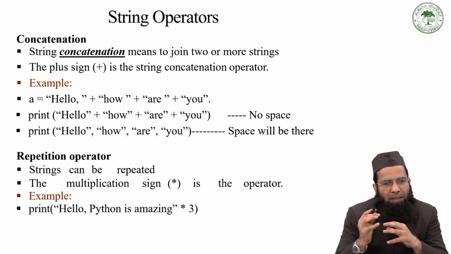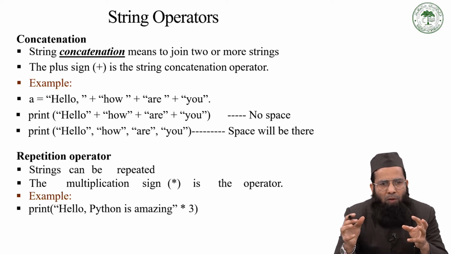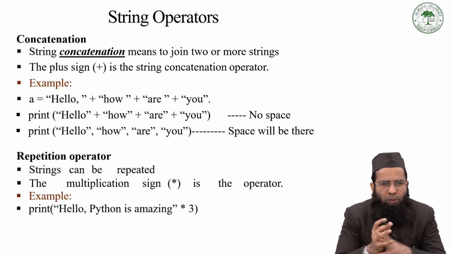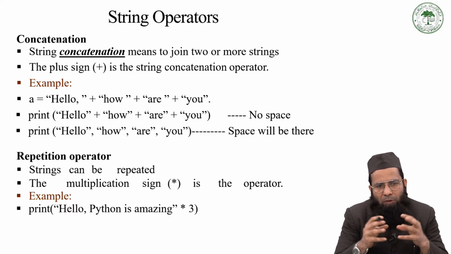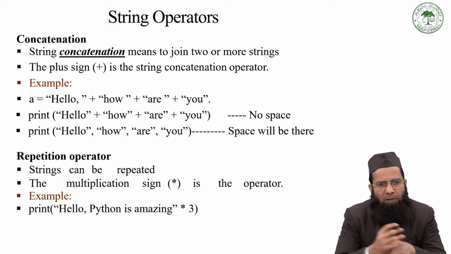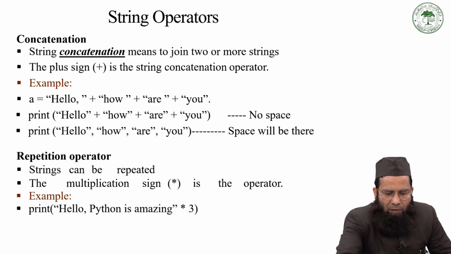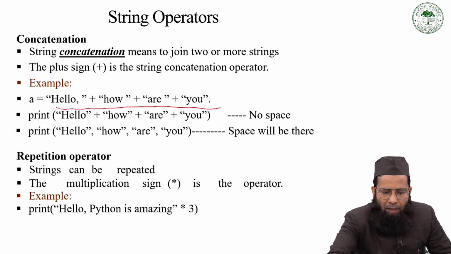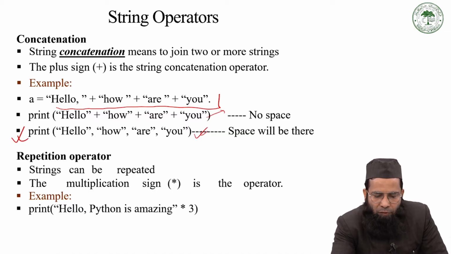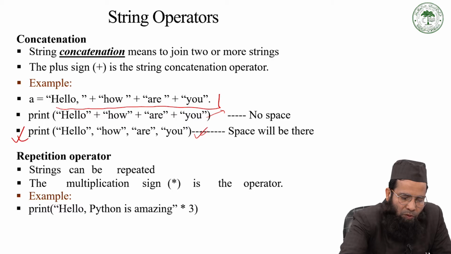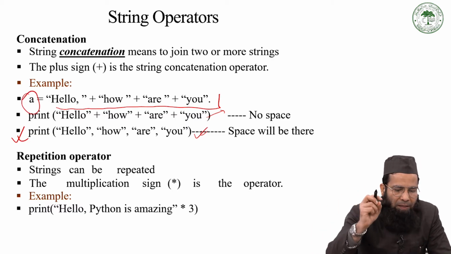String operators: there are certain string operators that you can apply to concatenate. If you want to join two or more strings, just write plus, like in this case. So what would happen? It will all be clubbed, all will be joined. And the beauty with this plus is that I can use a single variable to display the whole joined string.